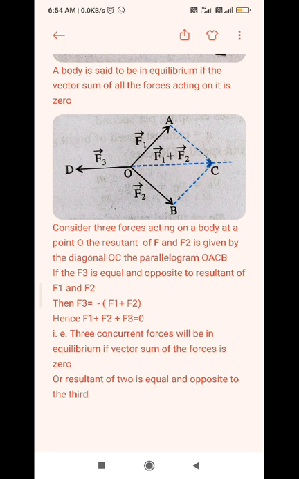So we end here this part of force dynamics. We will now study another type of force, that is friction, and the laws of friction.